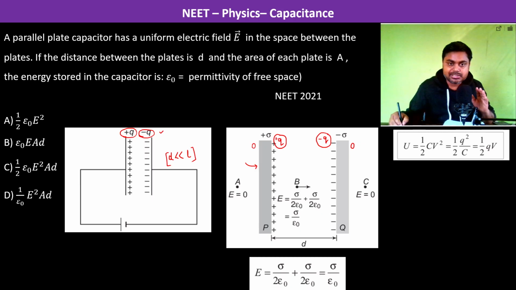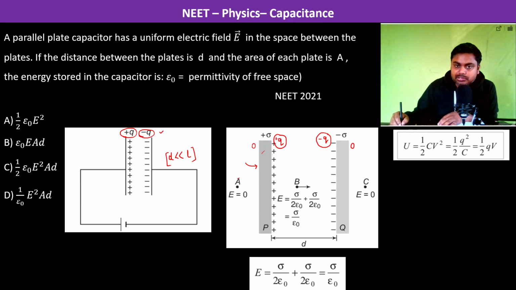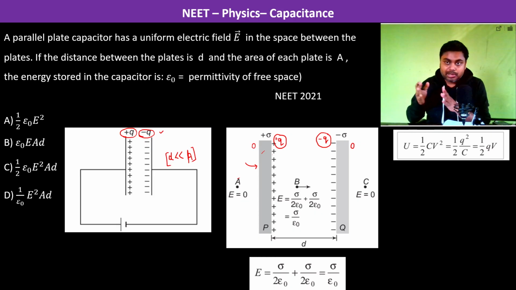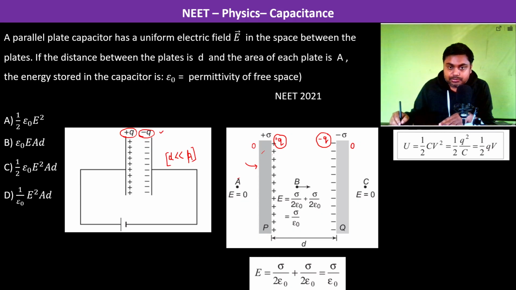D is very less than area. So therefore we take it to be an infinite sheet, and thus we apply the formula of the electric field due to an infinite sheet. And therefore the formula comes out to be sigma by 2 epsilon naught.